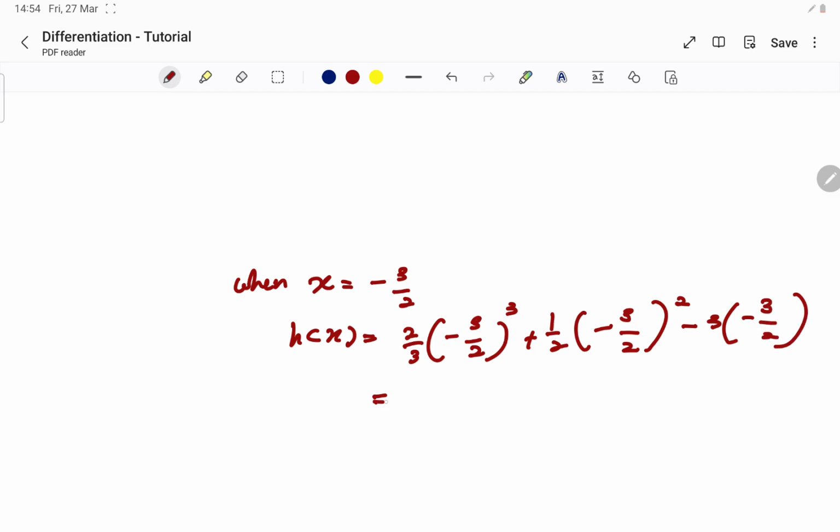You're gonna get 27/8. Here you will get the point (-3/2, 27/8). But then we don't know whether it is a minimum point or maximum point, right?